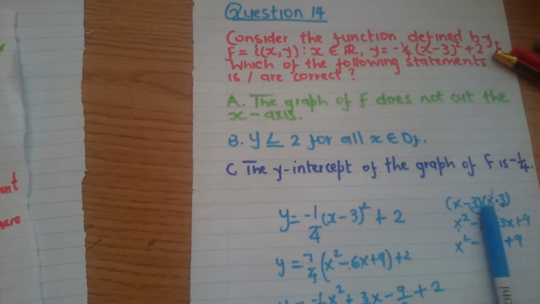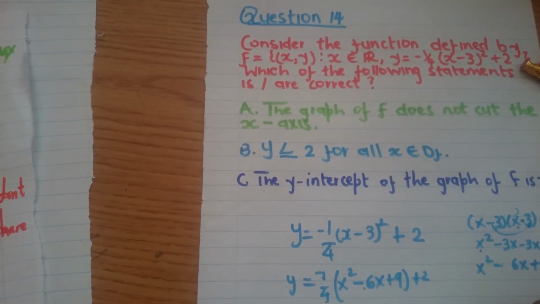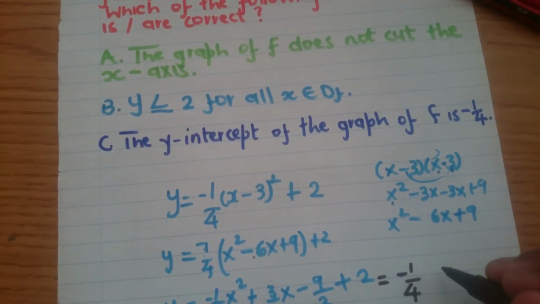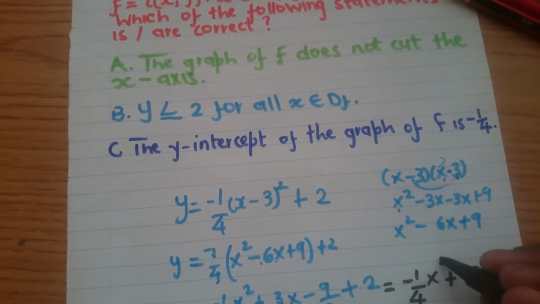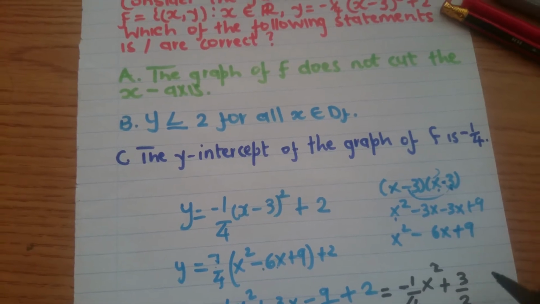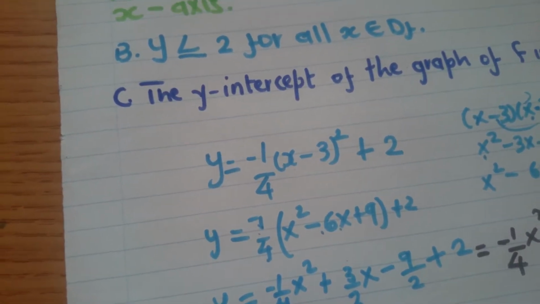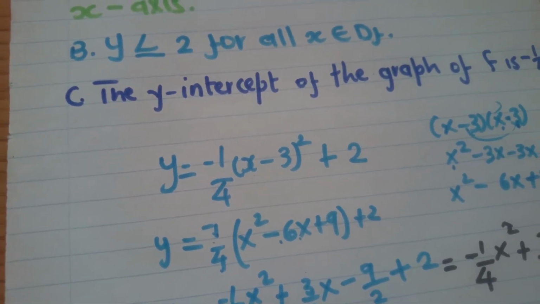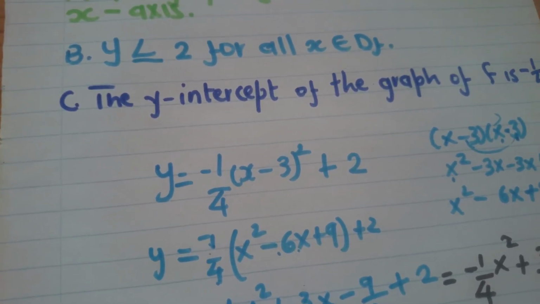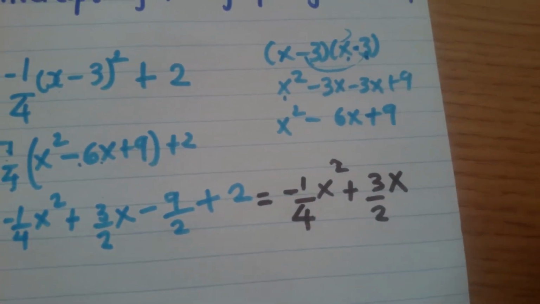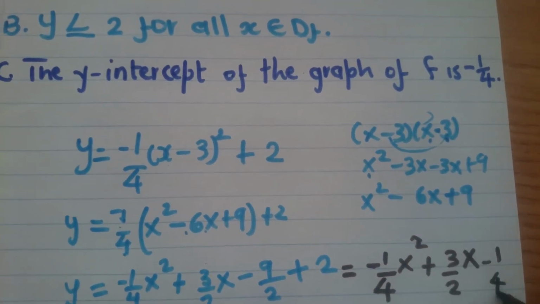I can simplify further: y equals -1/4 x squared plus 3/2 x, and the last term is -1/4. So this is the function here.